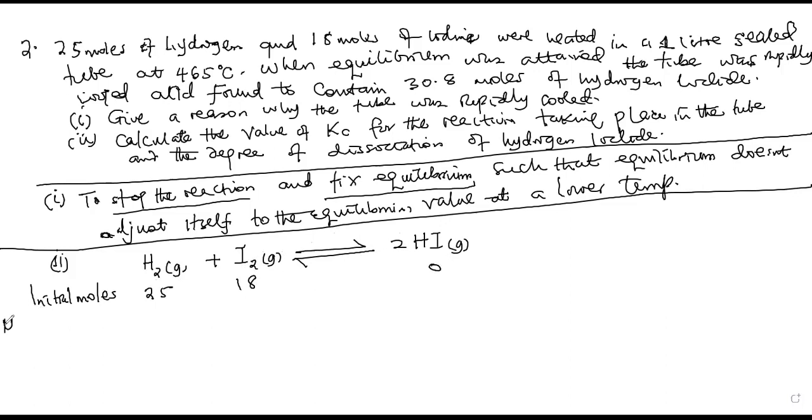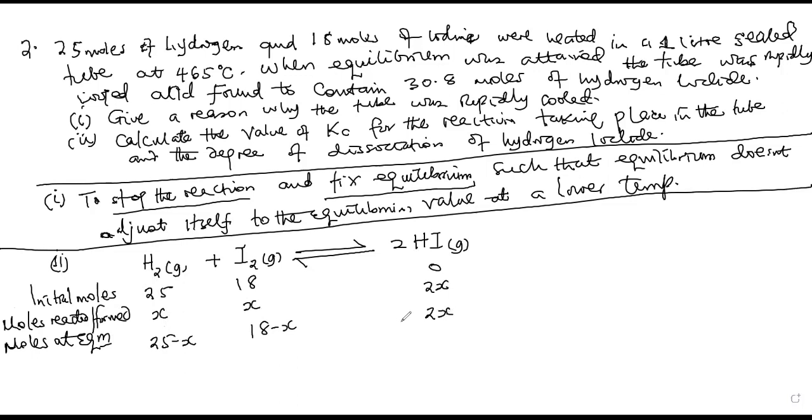So moles that reacted or formed: if this is X, mole ratio X, then 2X here. So then we can get equilibrium moles. Moles at equilibrium, we just subtract: 25 minus X, 18 minus X, and this one will keep 2X.